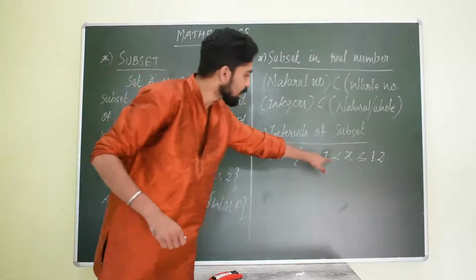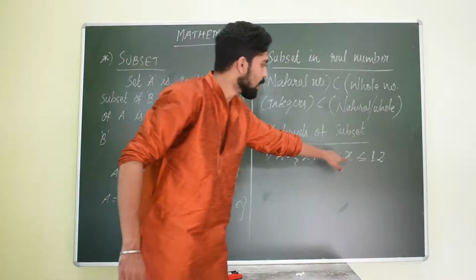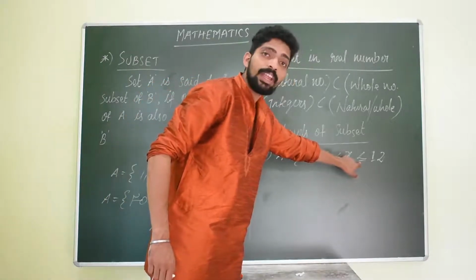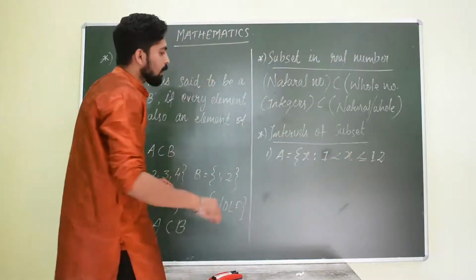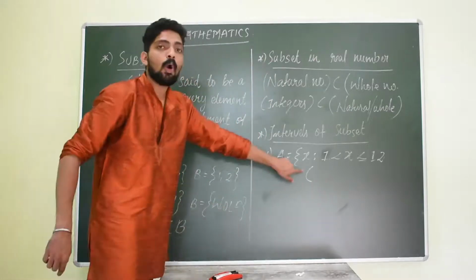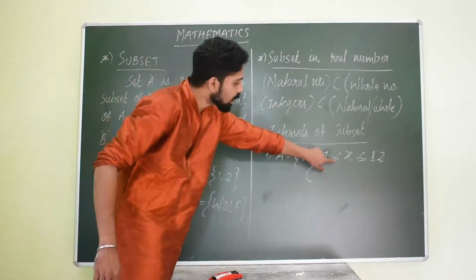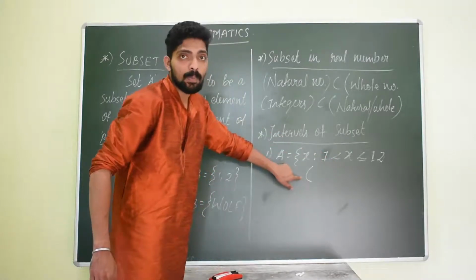From here the starting is greater than 1, not greater than or equal to, right? Here it means greater than or equal to 12, right? From here we can say we will denote these as intervals, right? Common brackets, right? Because from here it is greater than, that's why we are using the common brackets, right?